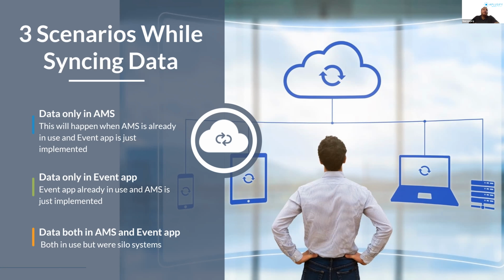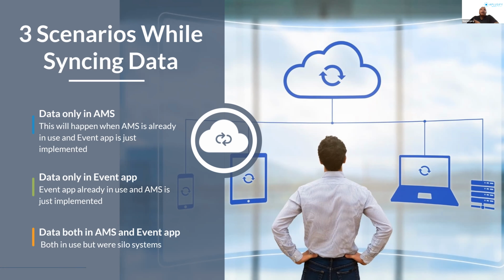In the first case, it would be a one-way sync where the data from the event app would flow to the AMS. In the second scenario, it would again be a one-way sync because data just resides in one system. But in the third scenario, where the data is in both the AMS and the event app, it would be a two-way sync. So it's very important to determine whether it's a one-way or a two-way sync.